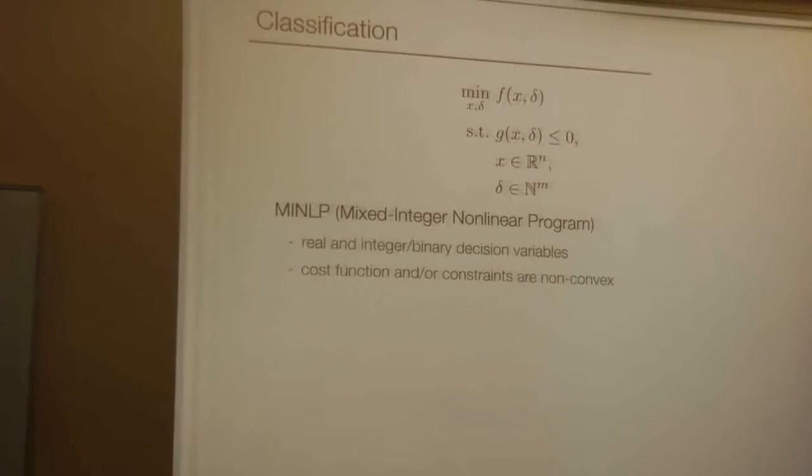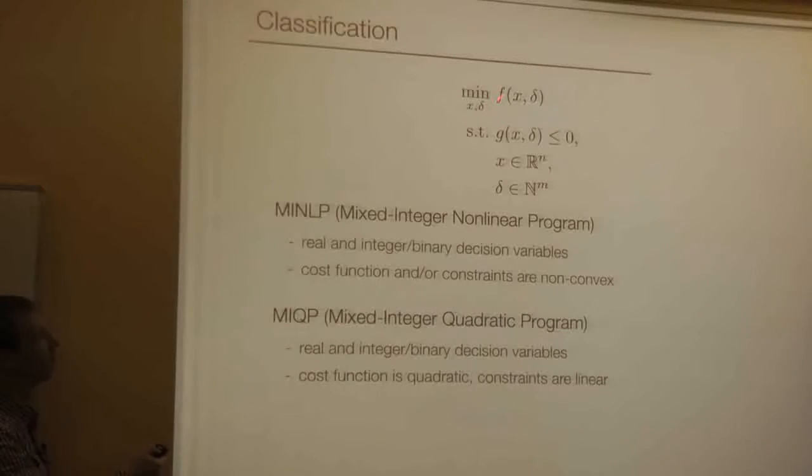These problems are the most general ones, but also the most difficult ones to solve. And we know why. Because even if we don't consider integer variables, just solving nonlinear programs is difficult because they might have multiple optima and so on. We know that we get a simpler problem if we assume that the cost function is convex. It's actually not just convex, but also quadratic. And these constraints here are linear functions of x and delta. These kinds of problems we call mixed integer quadratic programming problems.